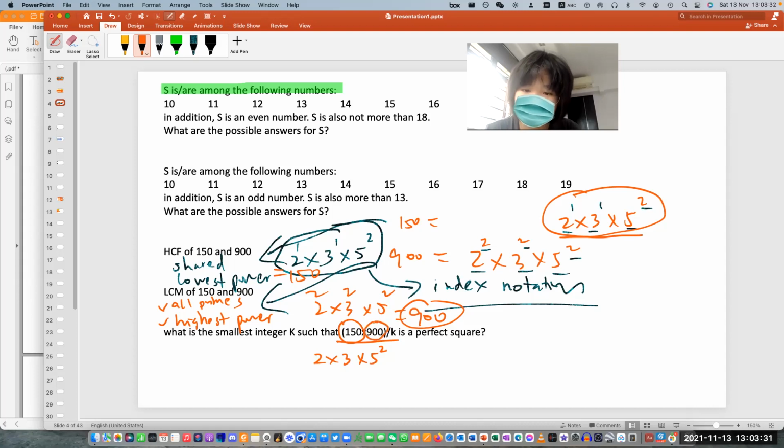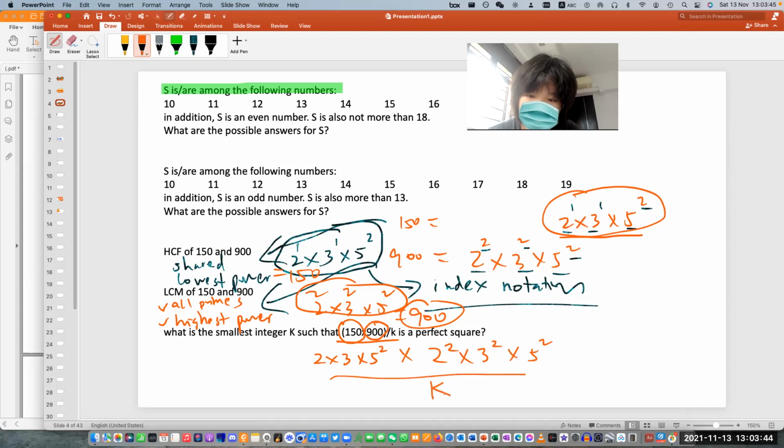And then 900 is given by this one, so I just write it down. So they say divide by a k, the smallest k, so that it is a perfect square. So perfect square means it can be square rooted. Okay. So in order to square root this whole thing, right? Let me take this out.